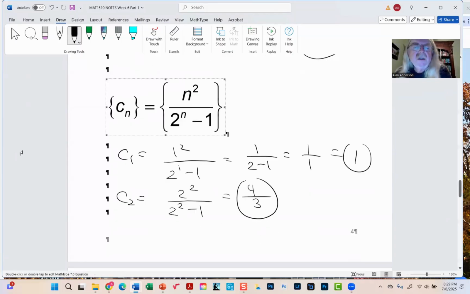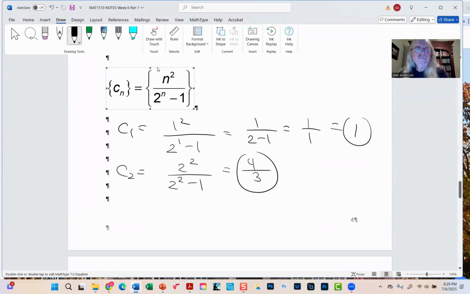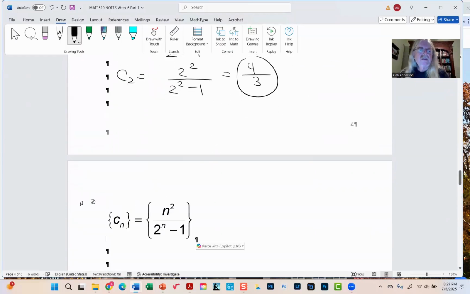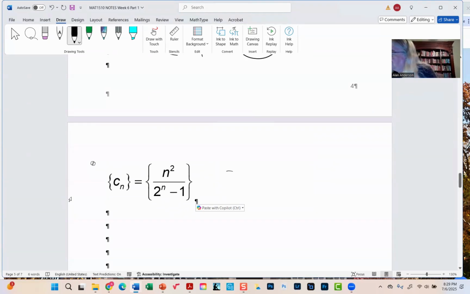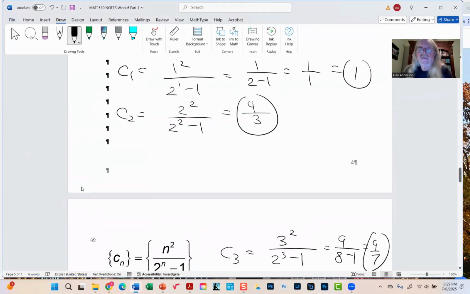Okay, C cubed, I think I'll just copy this down here. C3 rather is 9/7, et cetera, et cetera.